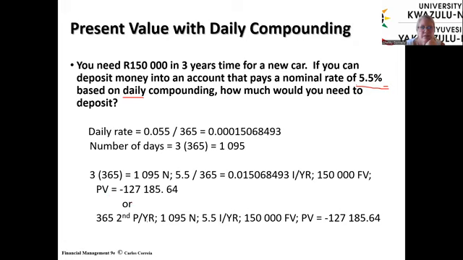Or you put your PYR setting on daily, which is 365. Then you can enter your 5.5, your annual rate here instead of dividing it. Your calculator will do it for you because your setting's on 365. Everything else is the same. 1095 is your N, 150,000 is your FV, hit PV, and you get the same answer.